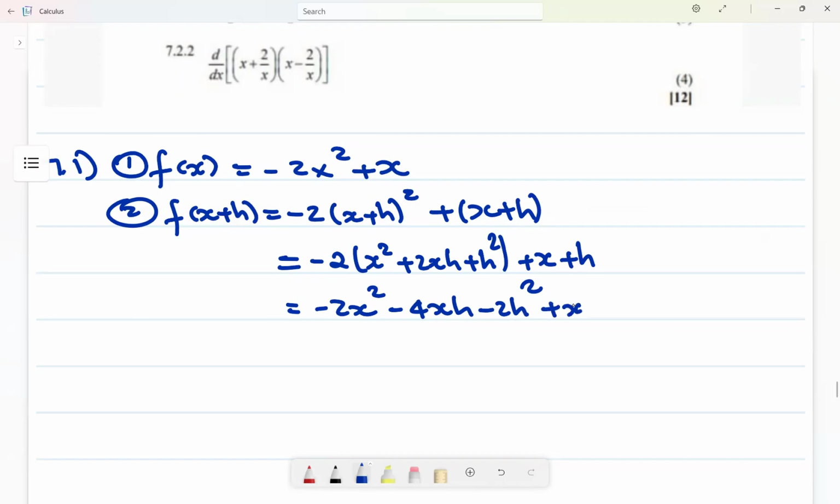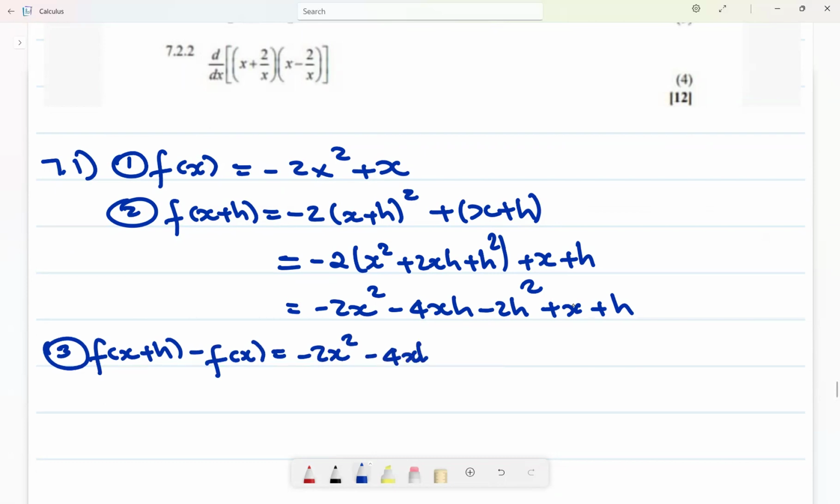Plus x plus h. Okay, then f of x plus h minus f of x. What is f of x plus h? It is this one, negative 2x squared minus 4xh minus 2h squared plus x plus h, minus f of x. What is f of x? F of x is negative 2x squared plus x.